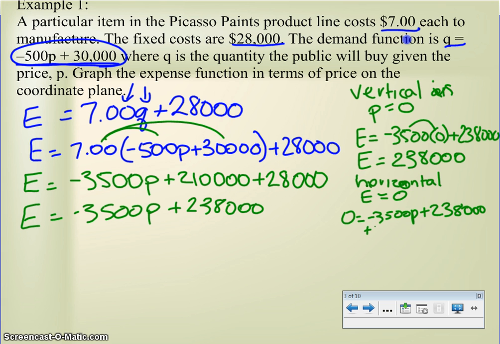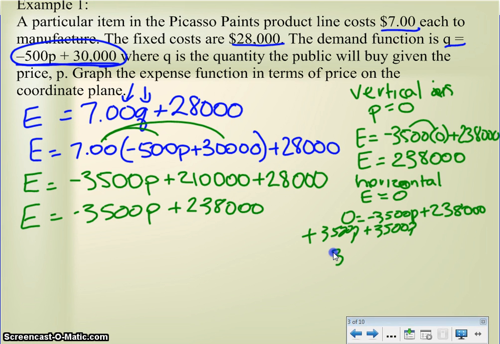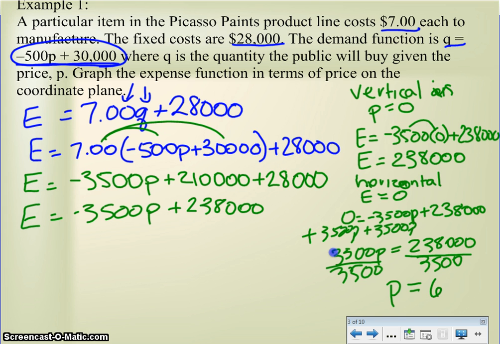I'm going to add the 3,500p to each side and solve this algebraically. I end up with 3,500p equals 238,000. When I divide by 3,500, I find that my price, or my horizontal axis, or my x, is 68.